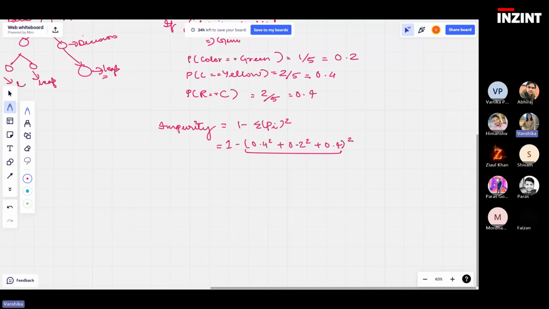Okay, so it would be 0.64. Please keep this value in mind. We will come back to this value.